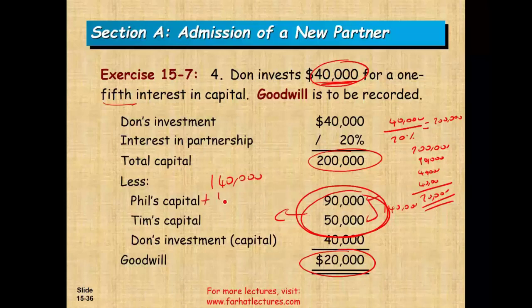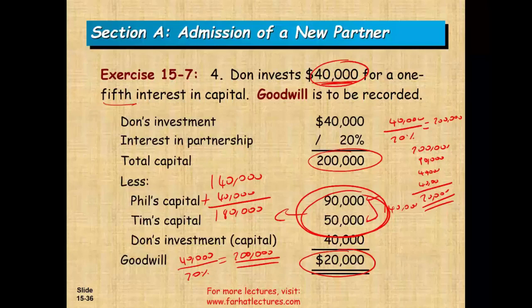If Don contributed 40,000, then the business would have been 180. But when Don contributed $40,000, we sold him the 20% on a discount, basically. So the company is worth $200,000. So we revalued the partnership.